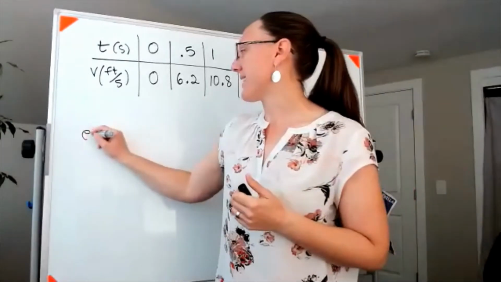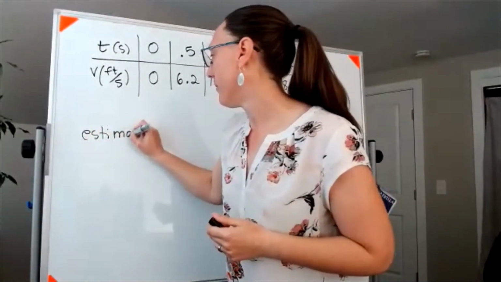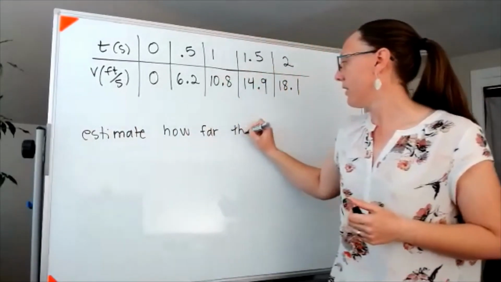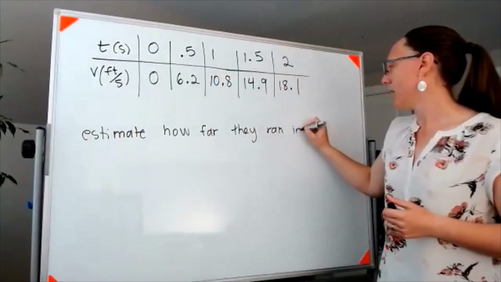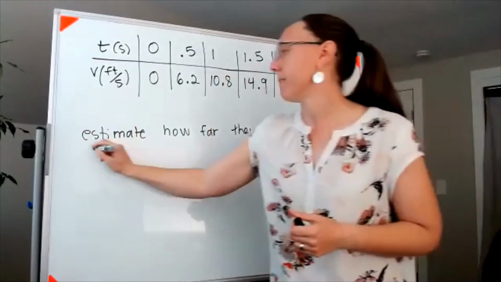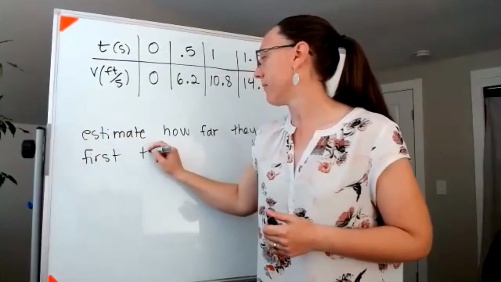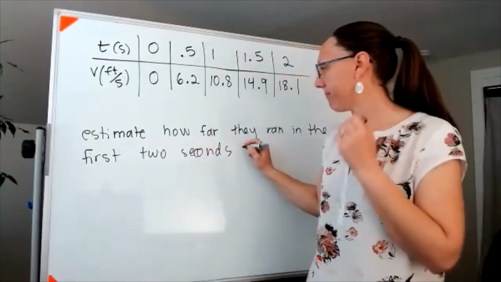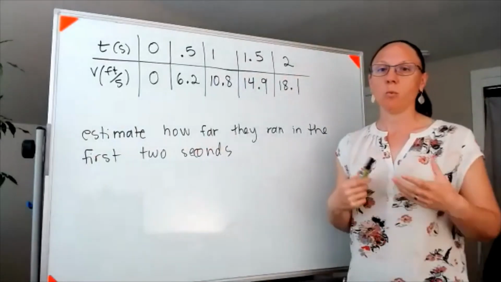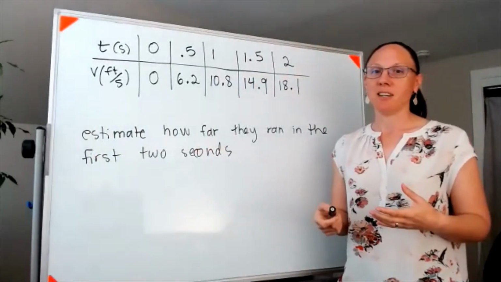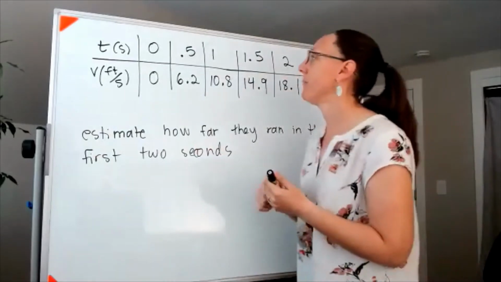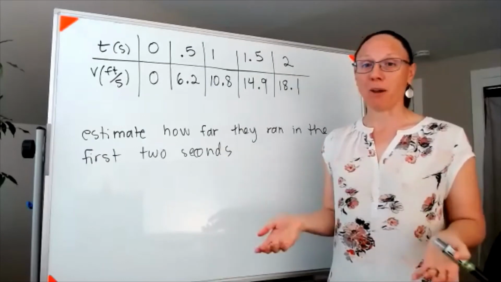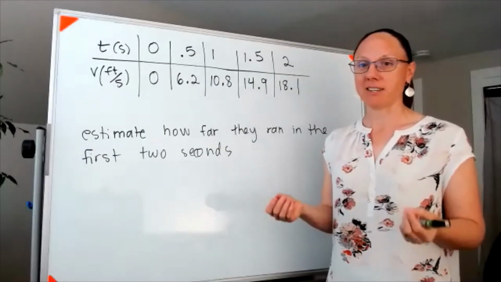So I want to estimate how far they ran in the first 2 seconds. One way that we can do this is to say, and this is actually the truth about data collection, nothing is continuous.